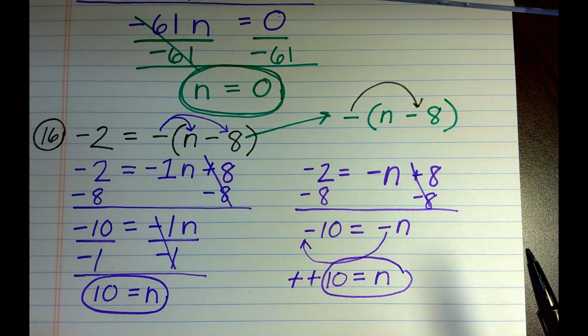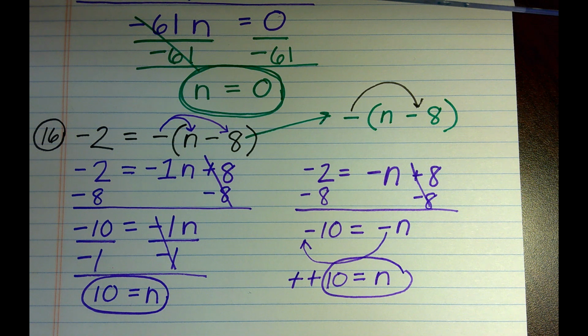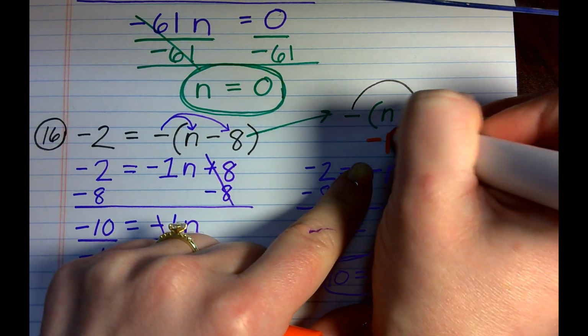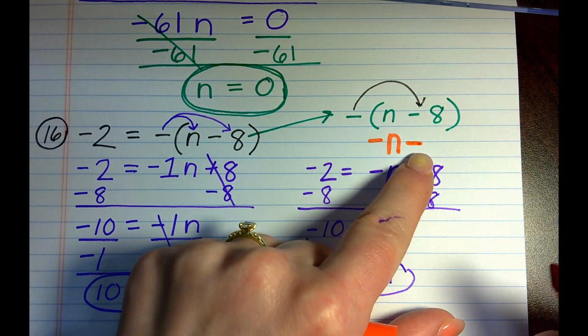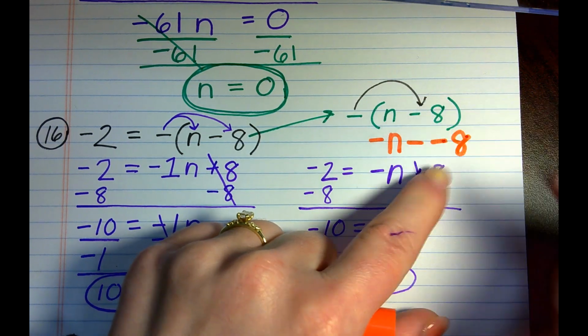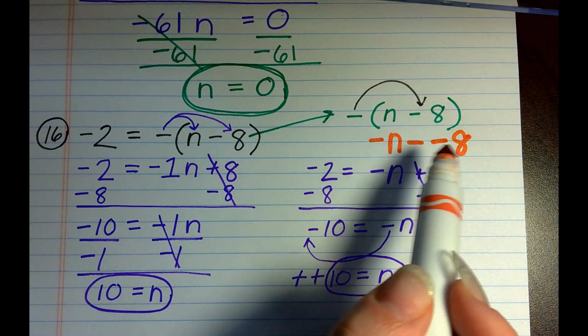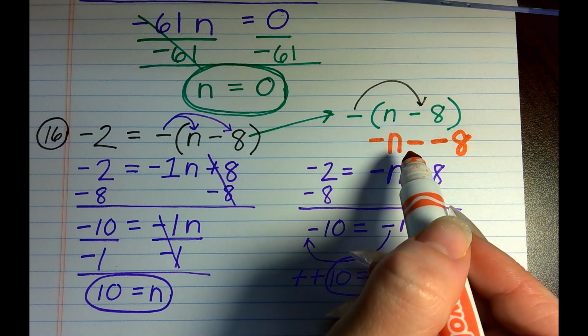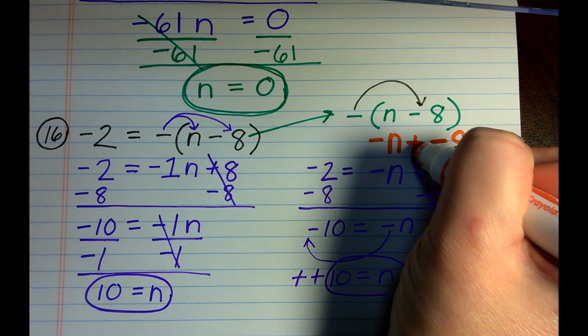So really what's happening if I were to break it down to every little step is we have negative n, I'll bring down my minus sign, and then negative and 8 gives us minus negative 8. Negative n minus negative 8. And the negatives, when they're right beside each other like this, it becomes a plus.